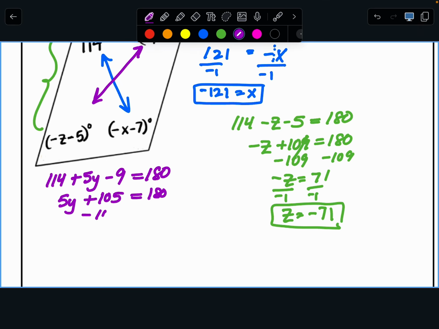Subtract 105 from both sides. Five y equals 75, and then we divide, y equals 15.